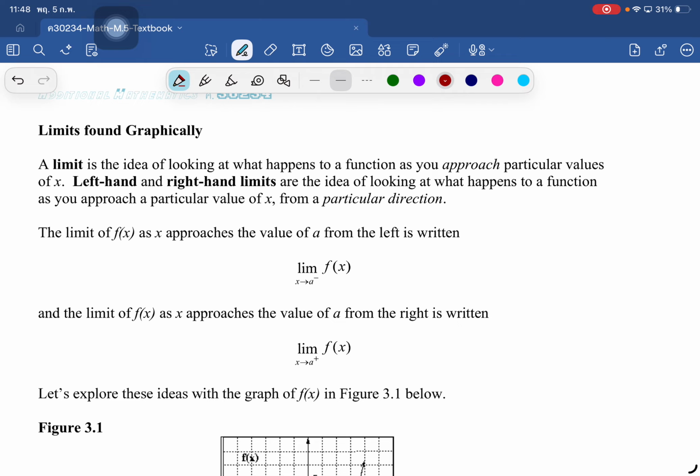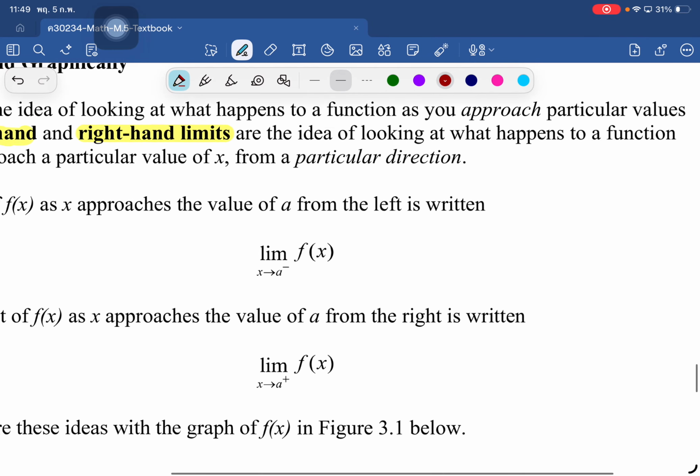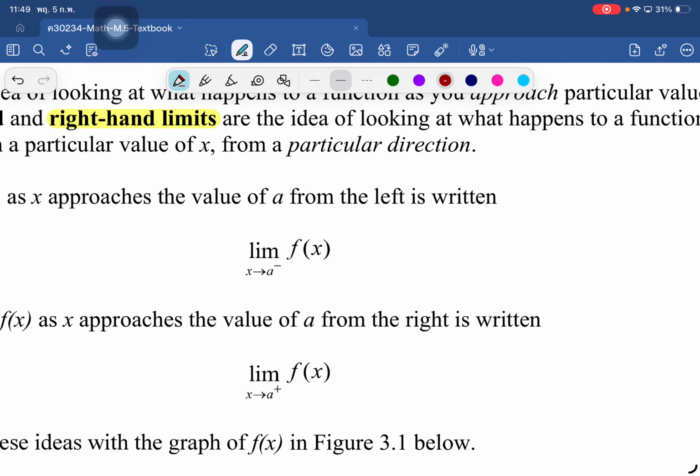No matter what, you get the limit, but the function f(x) is undefined there, because this dot doesn't count.